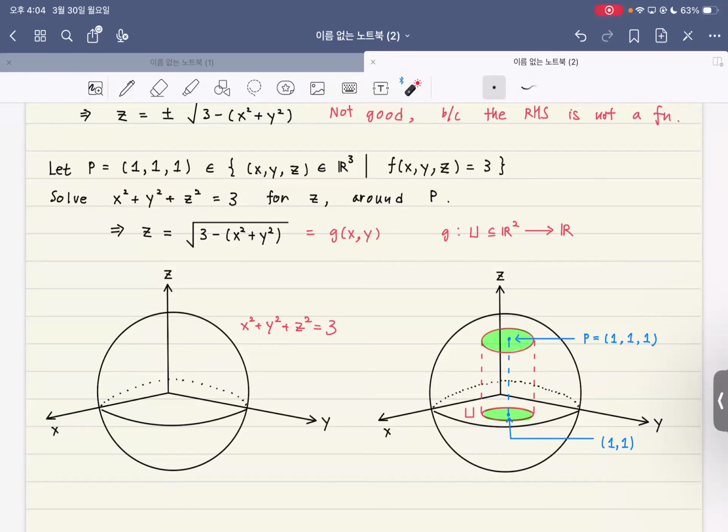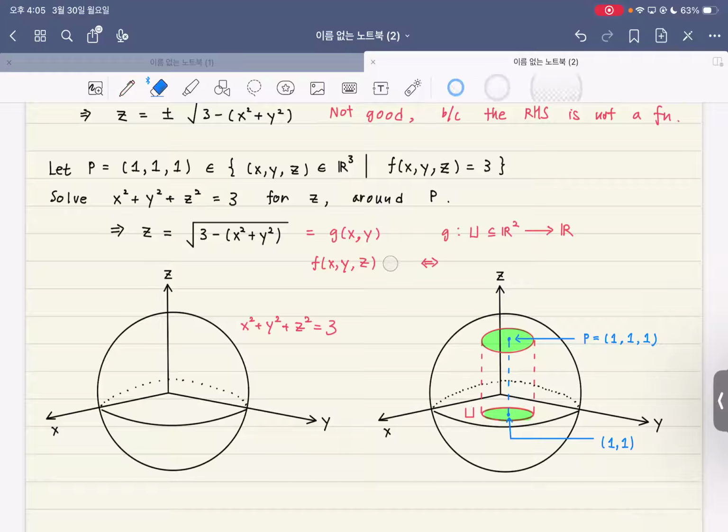And being able to find such a function g, the graph of this two-variable function, z equals g(x, y), must be the same as, at least around this point, this level set, right? So in mathematics, we say, this level set was originally f(x, y, z) equals 3.